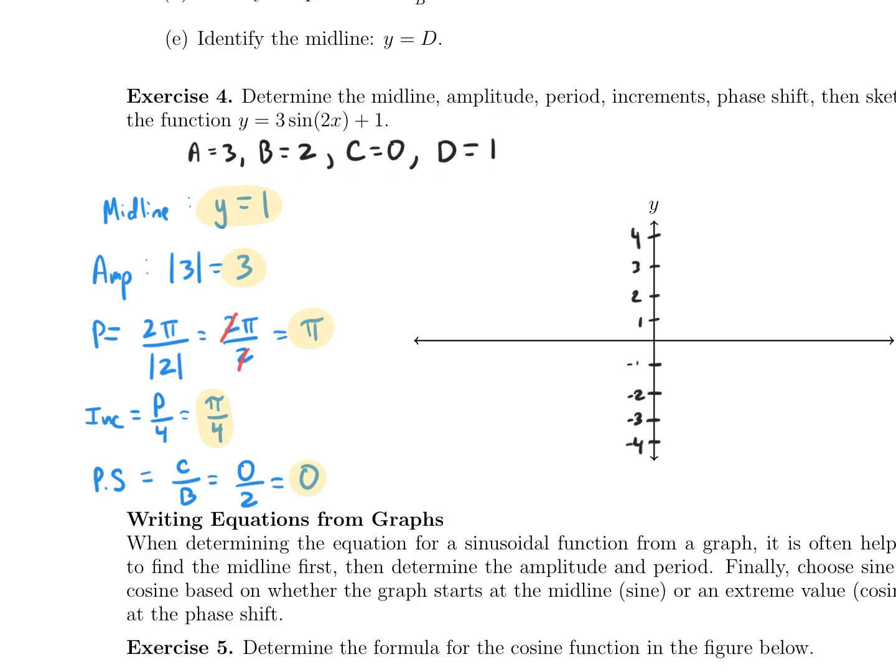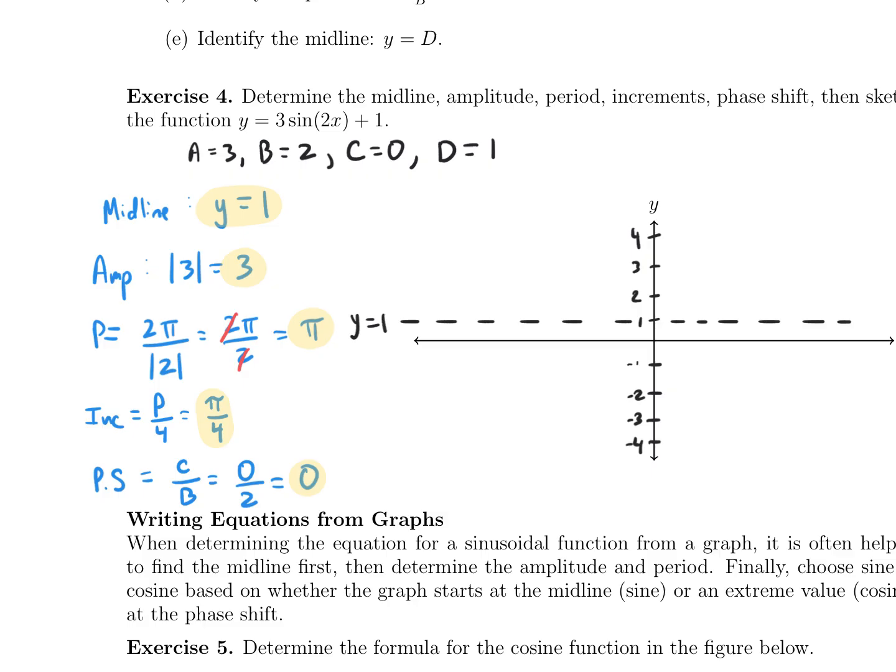So the midline is going to go right through +1. We'll do that in black. Remember, I like to dash it. I recommend that you dash it too. All right, so that would be Y equals 1.